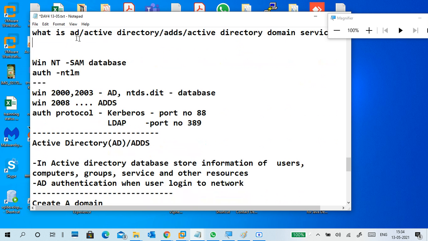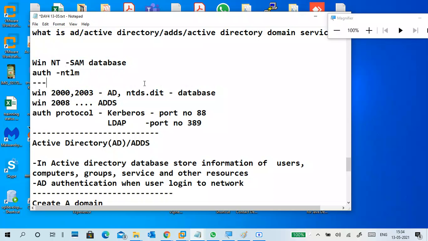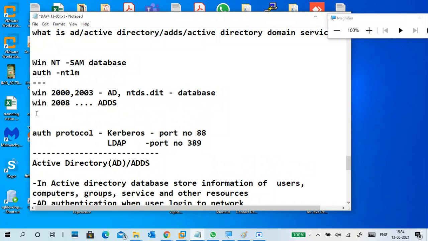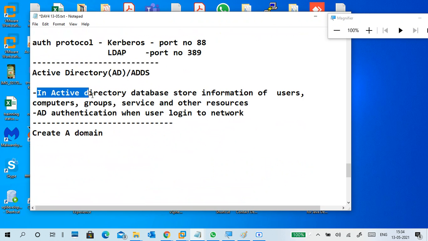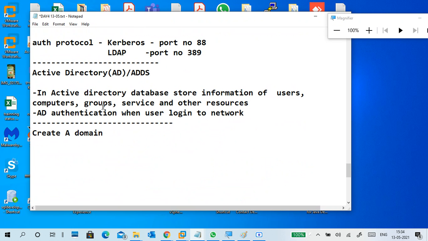Any questions regarding Active Directory, ADDS? It's the same; different times, different names are used, so don't worry about this. But Active Directory uses the authentication protocol Kerberos. What is Active Directory? The Active Directory database stores information of users. Active Directory is a directory service.